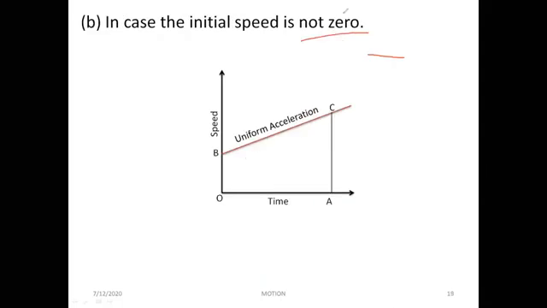In the case when the initial speed is not 0, पिछली स्लाइड में हम लोगों ने देखा था इनिशियल स्पीड वो 0, तो वो जो ग्राफ था वो इस तरह से स्टार्ट हो रहा था, मींस ओरिजिन से स्टार्ट हो रहा था. यहाँ पे जो है वो 0 से नहीं, यहाँ जो इनिशियल स्पीड है दैट इज नॉट 0, तो यहाँ पे जो ग्राफ स्टार्ट होगा वो कहाँ से स्टार्ट होगा, वो किसी दूसरे पॉइंट से, ओरिजिन से दूर जो होगा, जैसे यहाँ पे हम लोगों ने पॉइंट बी लिया हुआ है, यहाँ से स्टार्ट होगा, because the initial speed is not 0. इनिशियल स्पीड अगर 0 होगा तो हम लोग ओरिजिन से स्टार्ट करेंगे. If the initial speed is not 0, then we will get the graph like this.